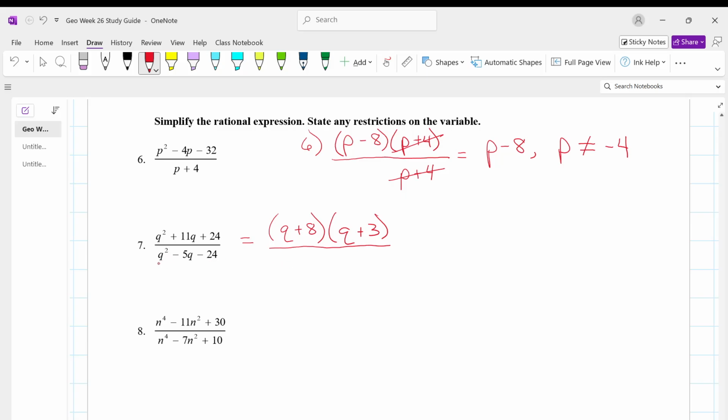In the denominator, I'm going to use 8 and 3 again, but it's going to be q minus 8 times q plus 3. The q plus 3's cancel, and in simplest form, we have q plus 8 over q minus 8.